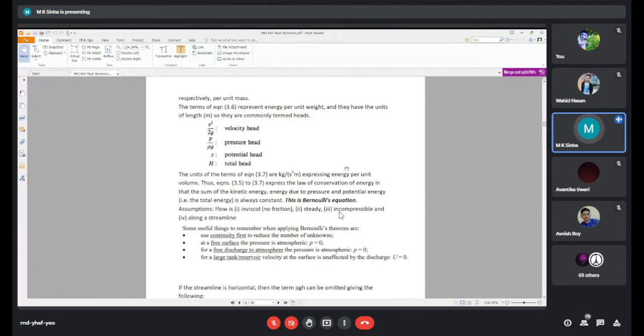So Bernoulli, as you might have seen from the Euler equations, we have chosen inviscid, no friction. Otherwise, viscosity will play a role. So inviscid, then steady, incompressible, and along a streamline.